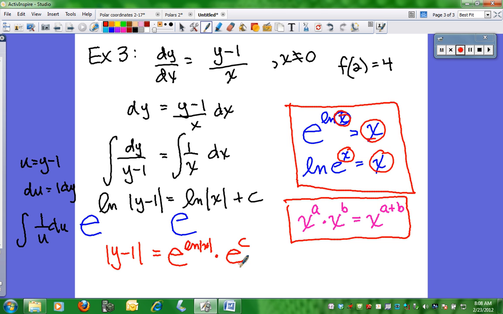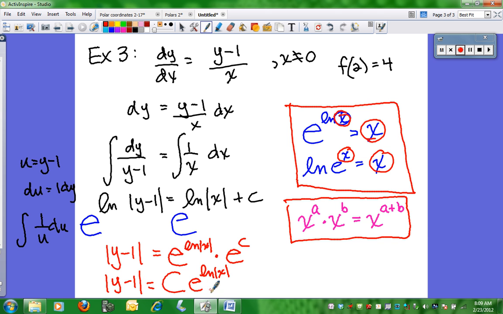Well, e is 2.718281828459045..., raised to some constant, which is going to give me another constant, which allows me to do this. Just another constant. The absolute value of y minus 1 equals c times e to the natural log of x.